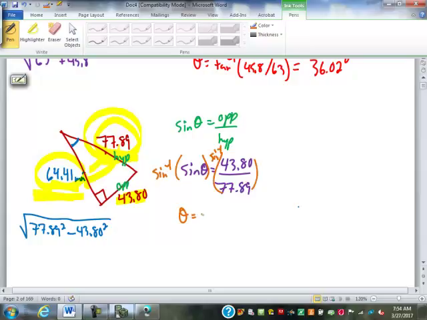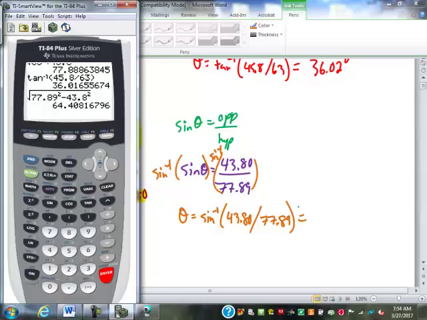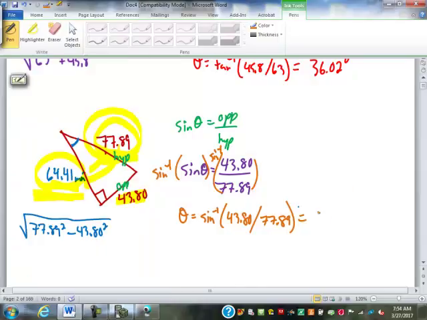So our angle is going to be the inverse sine of 43°80' over 77.89, which is 34.22 degrees.